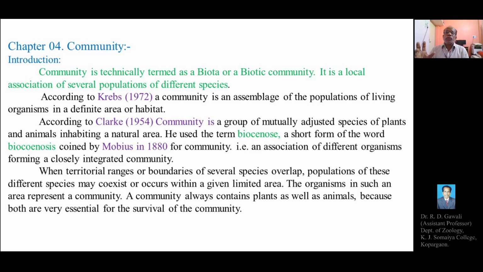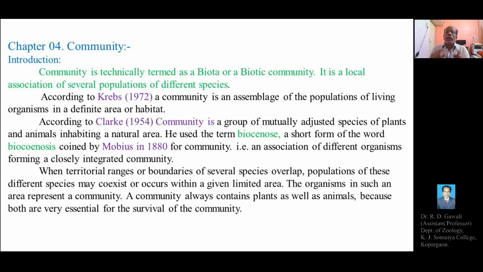So it is a local association or aggregation of several populations or a large number of species, whatever the number of species present in the respective area that forms the community. So the community is technically defined as a biota. The total number of organisms may belong to several species, but the total number of organisms belonging to different species is called a community or a biotic community.